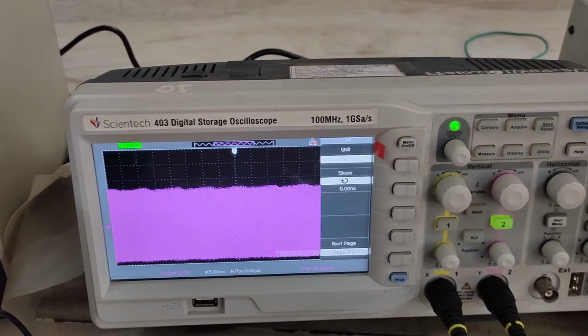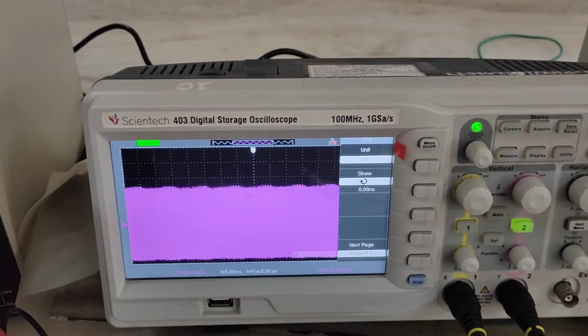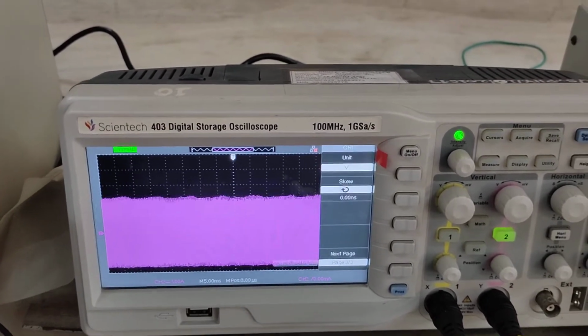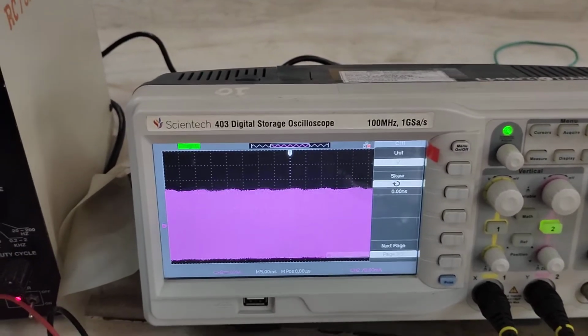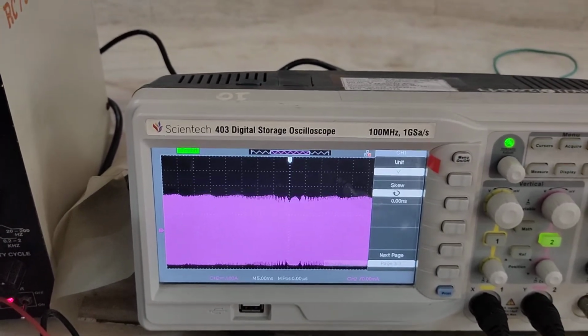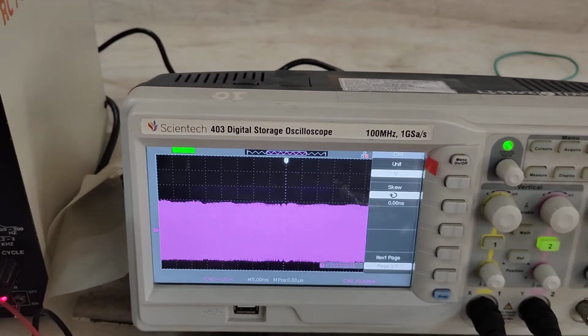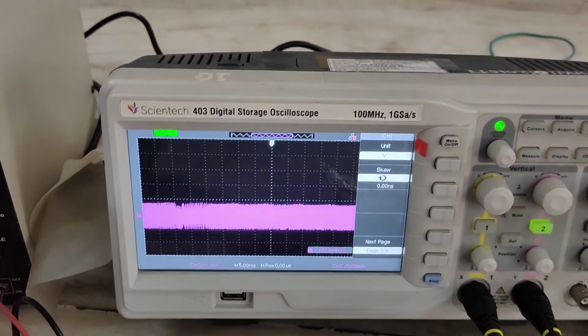Now it has become 5.4; you can see that the height is around 5.4. If I increase the frequency further, 200k, 300k, you can see that the height goes on decreasing.